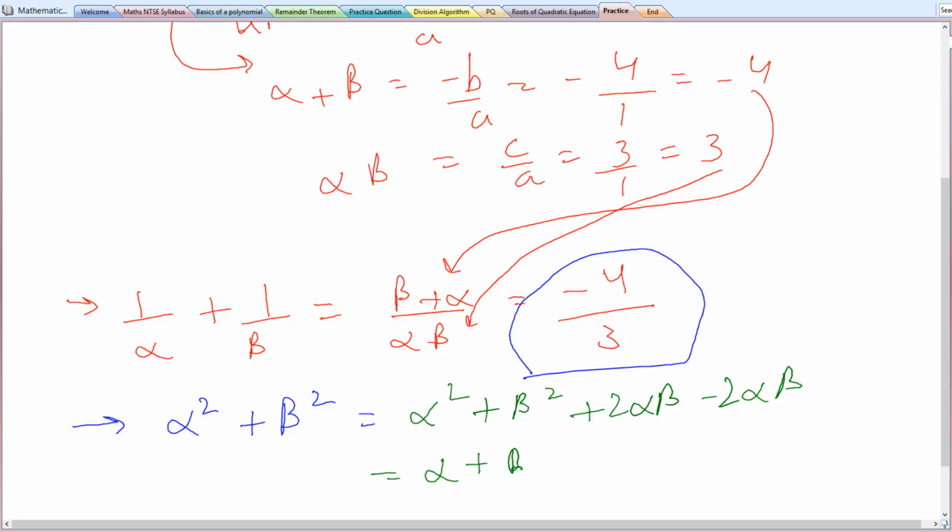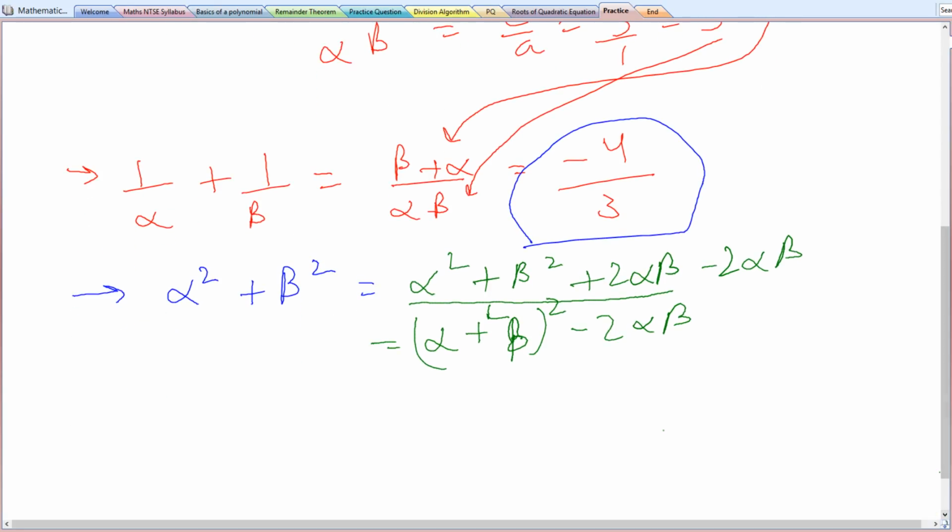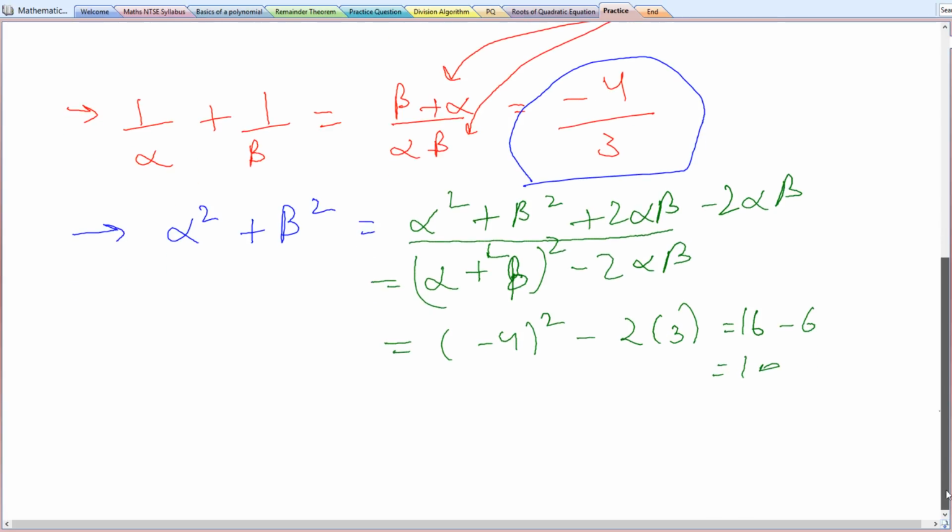As we know, alpha plus beta whole square is equal to alpha square plus beta square plus 2 alpha beta. Then I can just write it like this, right? So again, I can put down the values right there. Hence we get the answer 10. Again, congratulations to those who got the correct answer.